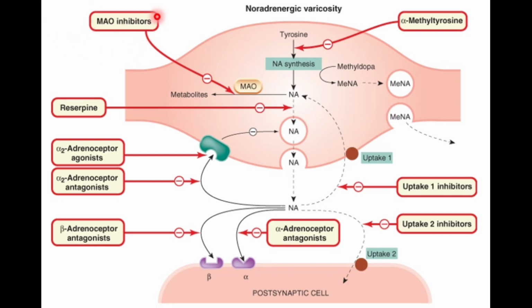Monoamine oxidase inhibitors and selective uptake 1 inhibitors, as I mentioned, are useful for the treatment of depression. Reserpine causes depletion of noradrenaline vesicle. It is no longer clinically used.